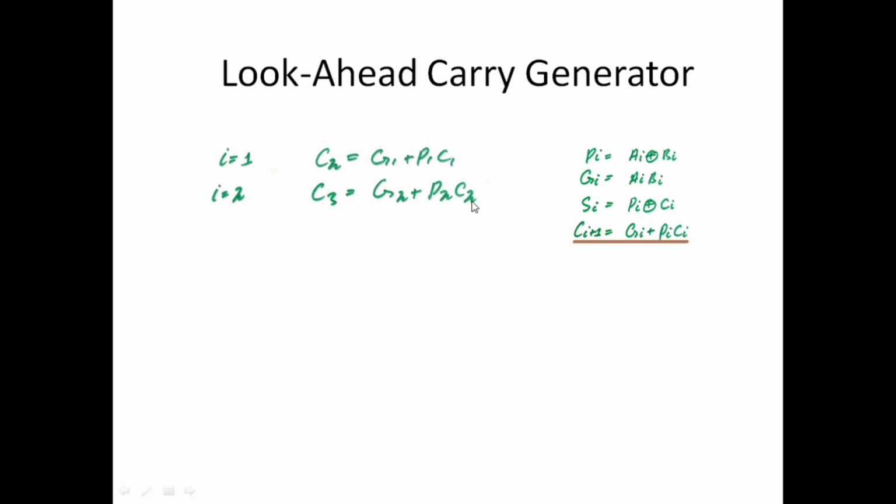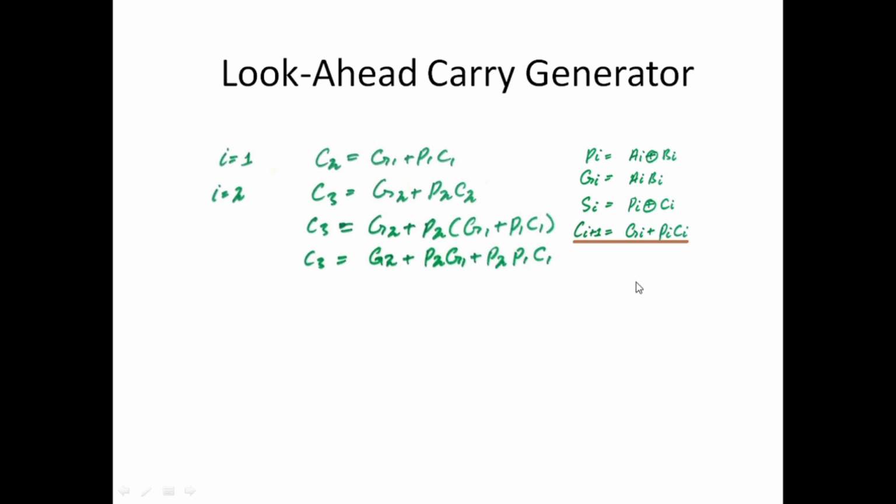But we have already calculated C2 here. If we put the value of C2 here, P2 is written in its place, and C2 is replaced with G1 plus P1 C1. Now, using the distributive law, this can be opened to G2 plus P2 G1 plus P2 P1 C1.